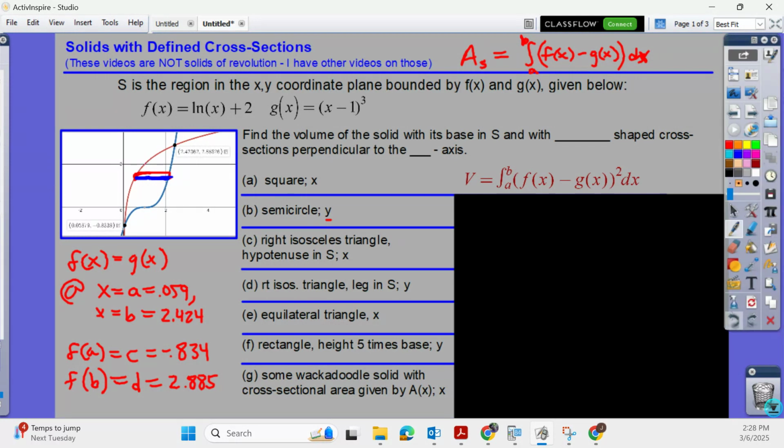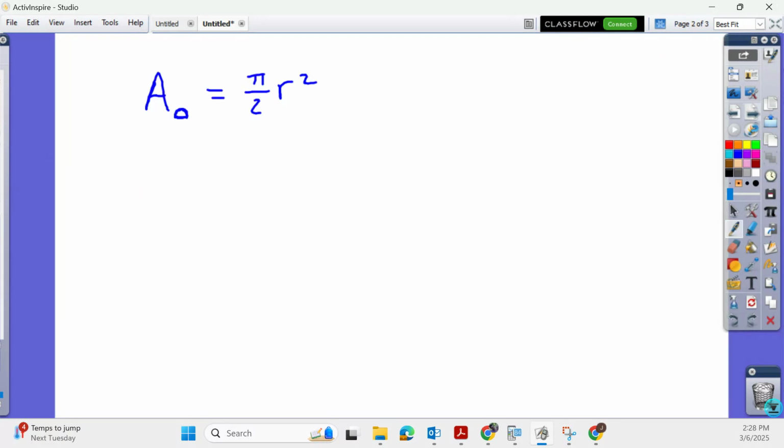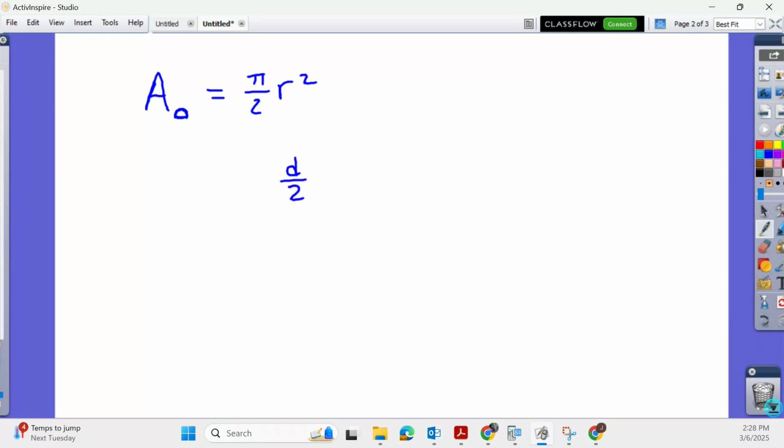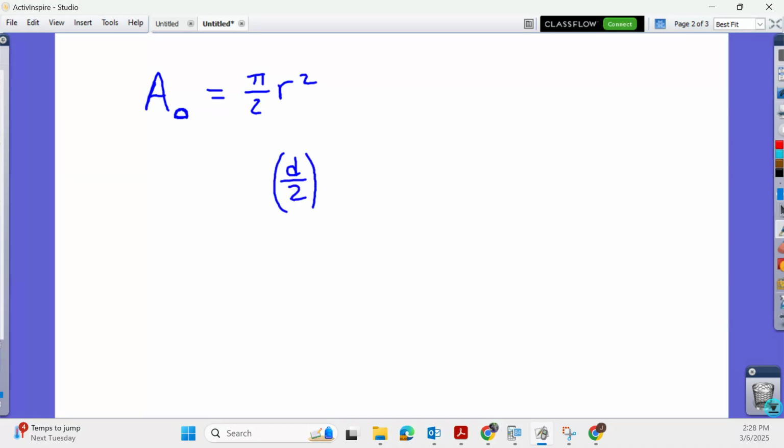So if I'm doing 1/2 pi r squared, but what I really have is the diameter, then I need to divide it by 2 to get the radius. That's what I'm going to square. So it's 1/2 pi times the diameter over 2 squared. You could do the one curve minus the other curve for the diameter and divide by 2 and maybe even simplify inside of the square.